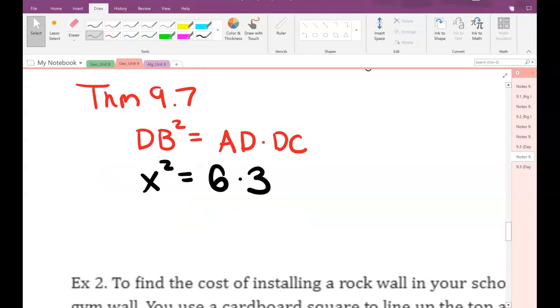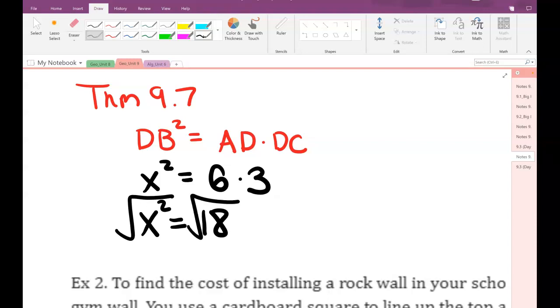And then now we start the process of finding the geometric mean that we started to practice on Friday. We multiply our two numbers together, so you have x squared is equal to 18. And then you're going to want to take the square root of both sides, because we have to undo that square.